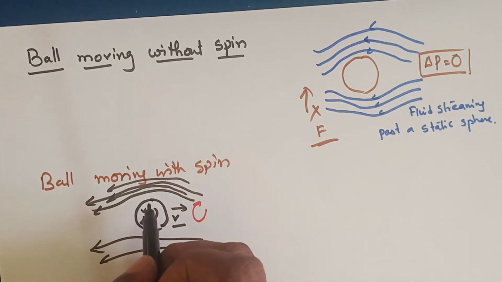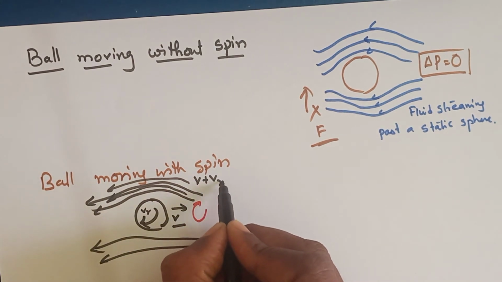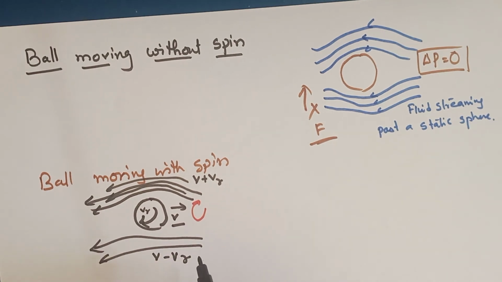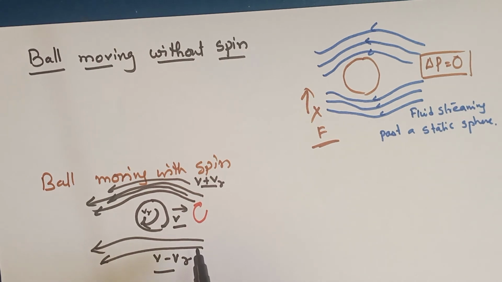As a result, the relative speed above is v plus vr, and below it is v minus vr, because a lesser velocity is observed below the ball and a higher velocity is observed above the surface.